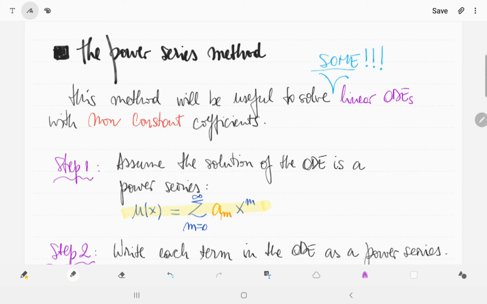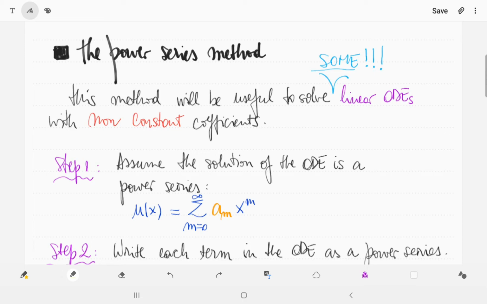So what's the idea of the method? Look at this solution. If you remember, the characteristic equation method was about suggesting a particular solution of the form exponential to the power lambda x, and then we were looking for which values of lambda give us solutions of the equation, right?